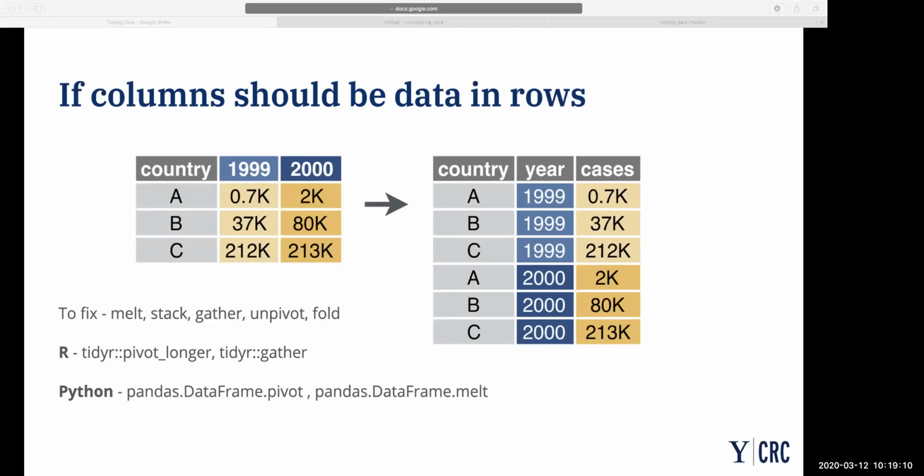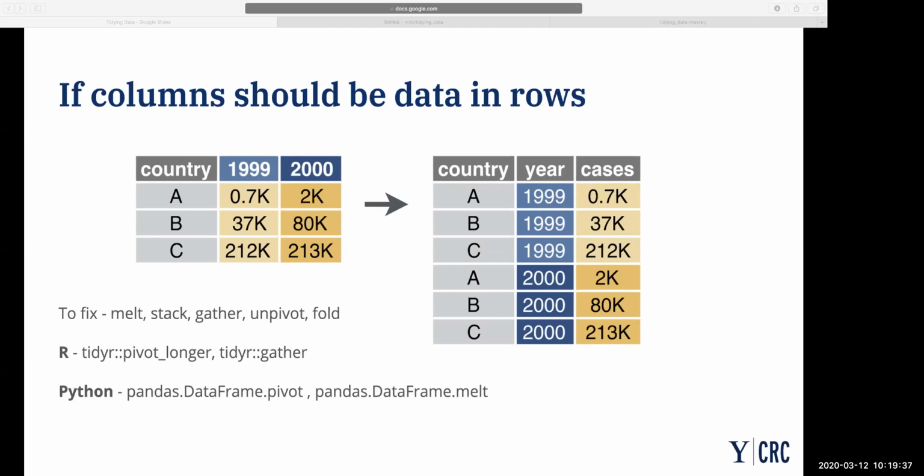And what you'll oftentimes see is several columns that could all become one. And in this example, there are years that are columns when maybe it would make more sense for this data to be tidy if all of those columns became part of an observation called year.